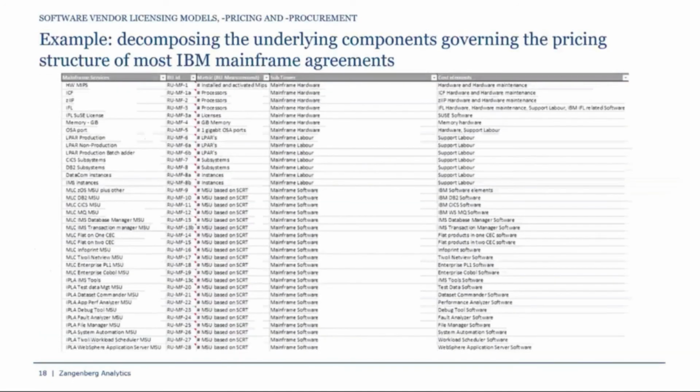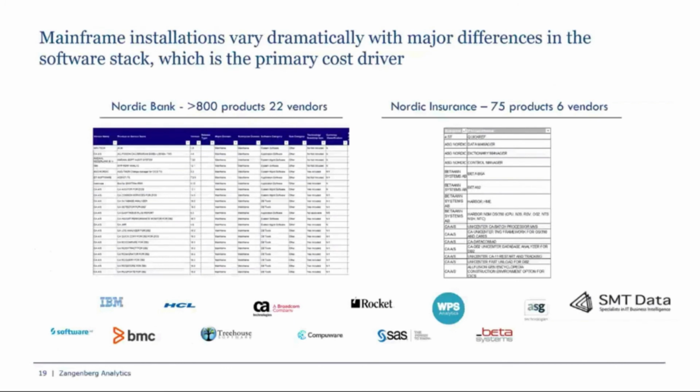Yeah, it's just to say that once you decompose this and look at all the different products here, the models that we work with have, as some of you will know, some of the bigger banks maybe even 1,000 products installed in the mainframe. Some smaller, for instance a smaller insurance company here, has 75 products, and that's the variance that we're dealing with.